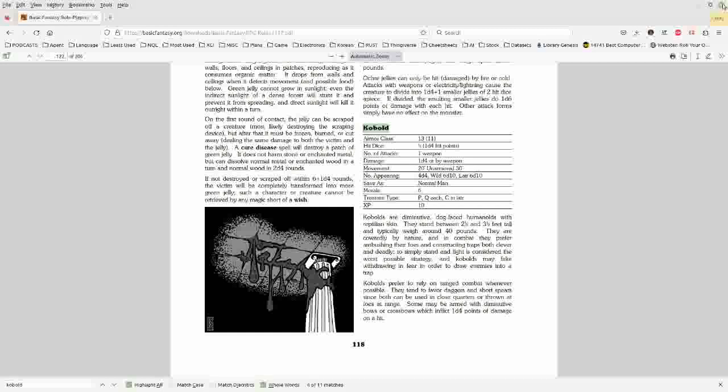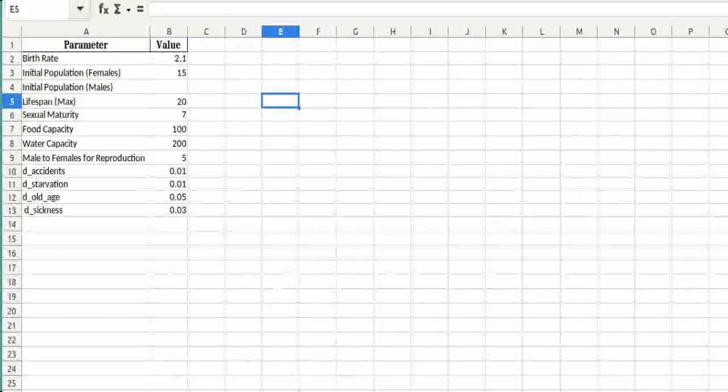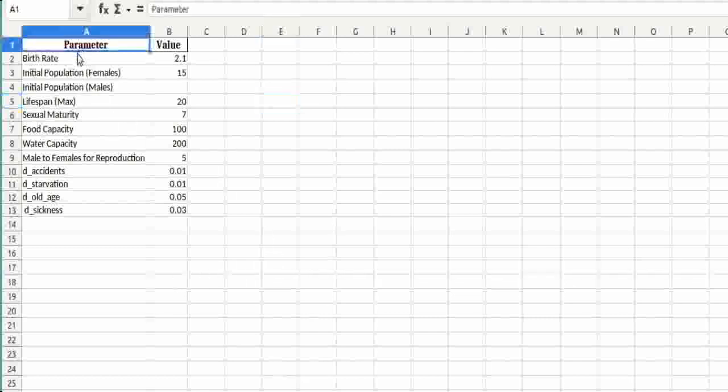But that was a sufficient amount of information for me to populate my spreadsheet. So in my spreadsheet, I put in the basic parameters, some of which I'm using currently, but some of which I'm not.